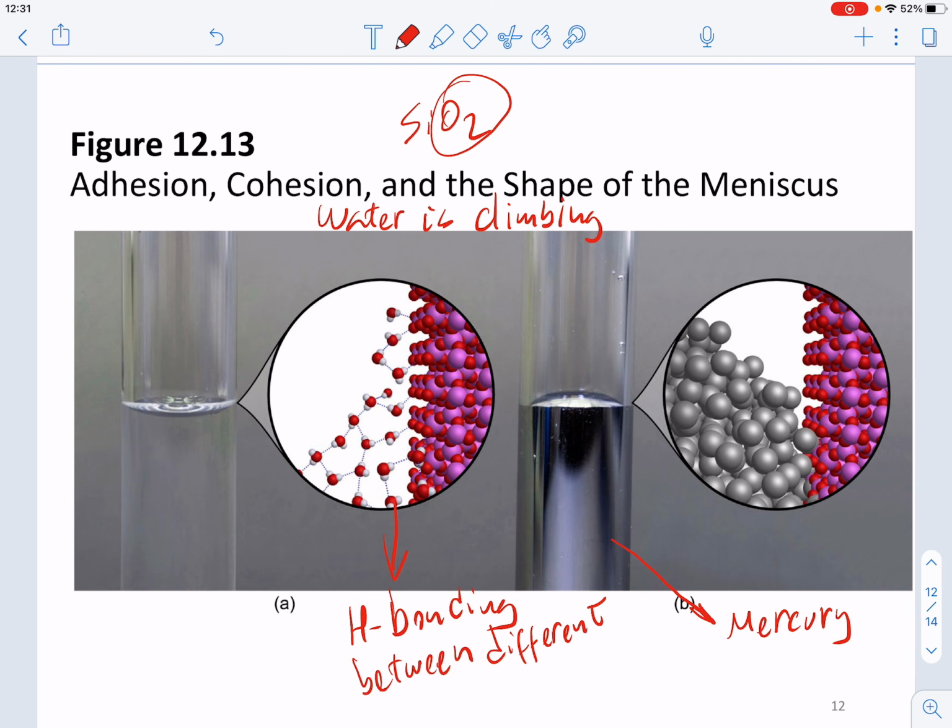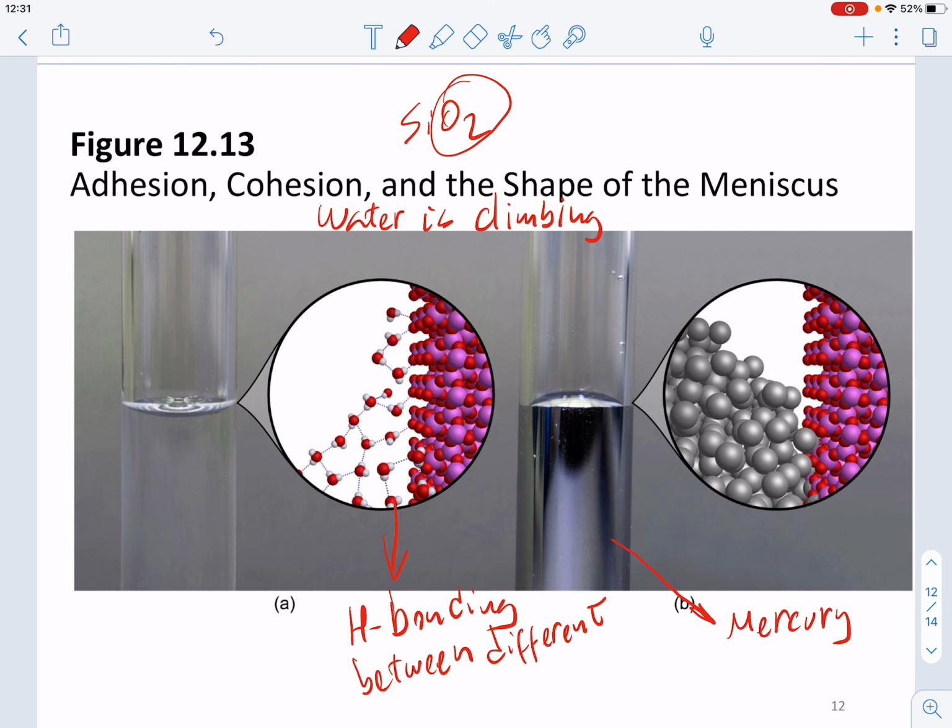There's another way to think about it. You can think in terms of the glass tube being kind of polar, or with the possibility of forming hydrogen bonding, but mercury doesn't have that possibility, okay? It would be attracted through dispersion forces, because after all, every single molecule will have dispersion forces.